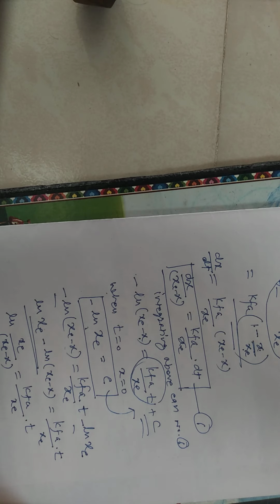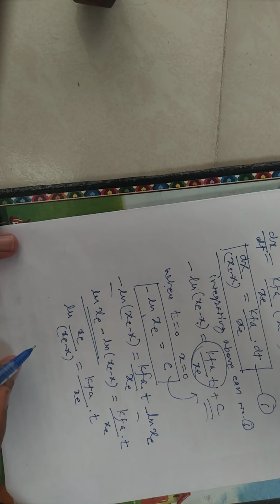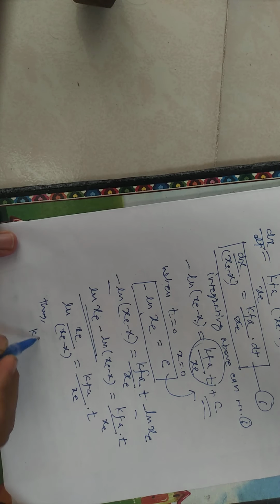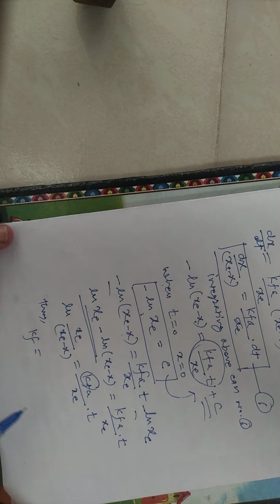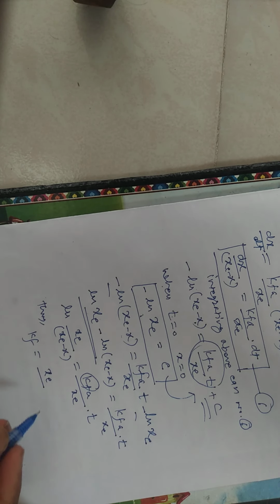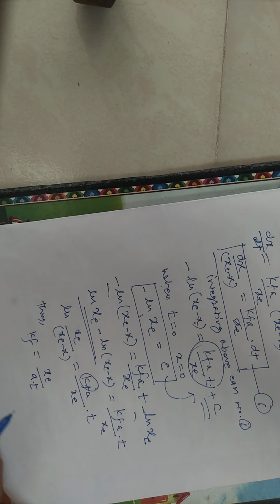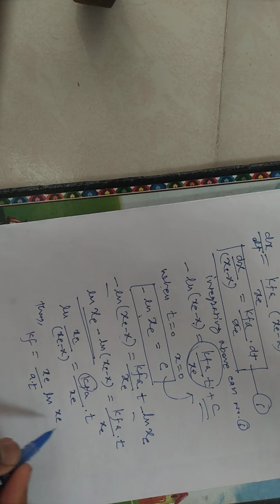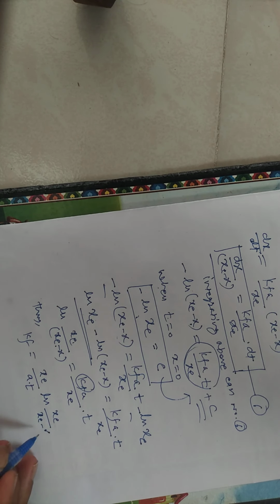Now when we have to convert this natural log into the simple log, you can easily convert it by multiplying by the factor 2.303. But before that, we have to make a small rearrangement. Thus you can write here kf is equal to xe upon a into t, then ln xe upon xe minus x.